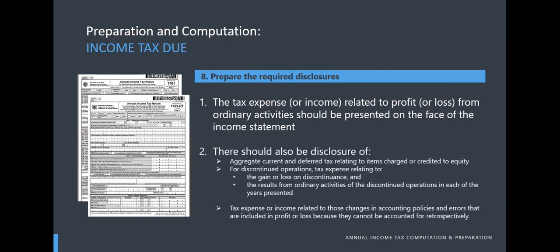There should also be a disclosure of the aggregate current and deferred tax relating to items charged or credited to equity. So for discontinued operations, tax expense relating to gain or loss on discontinuance, the results from ordinary activities of the discontinued operations, and the tax expense or income related to those changes in accounting policies and errors that are included in profit or loss because they cannot be accounted for retrospectively.